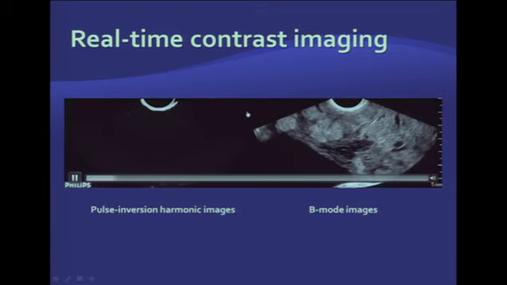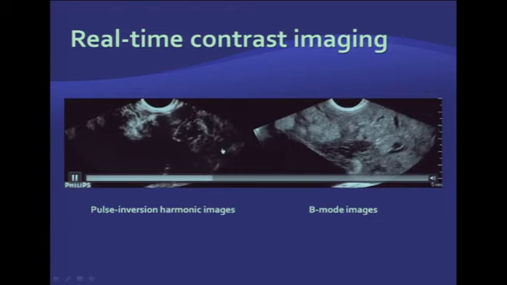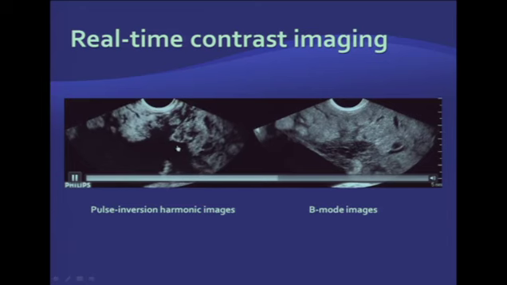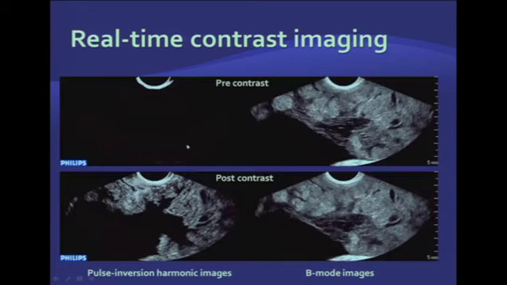After injection, you will see that microbubbles will rapidly fill the entire field of perfused tissue with high signal, leaving non-perfused areas black. Comparing pre and post contrast images, you're going to see drastic difference in contrast mode images only. It is very difficult to detect microbubbles on B-mode images.